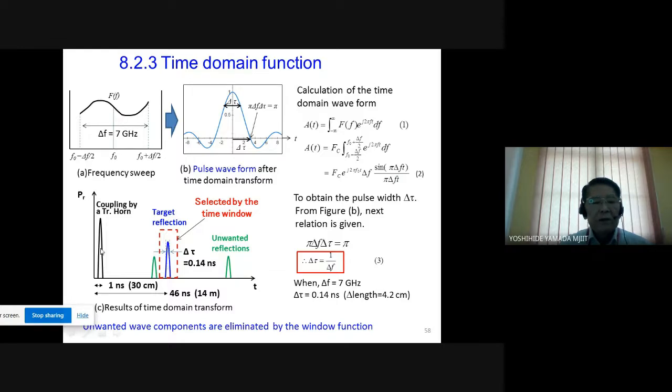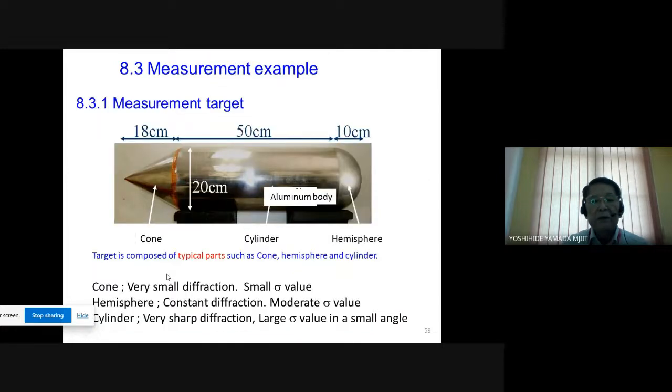This is from the coupling by the neighboring horn, the transmission horn. So by selecting this one, this effect is cancelled, and another reflection component can be cancelled. Only the target reflection can be measured.